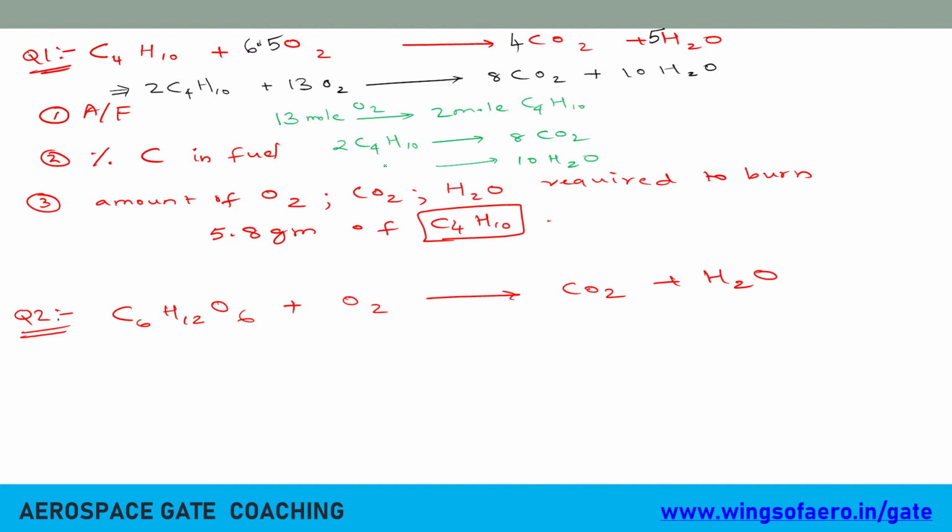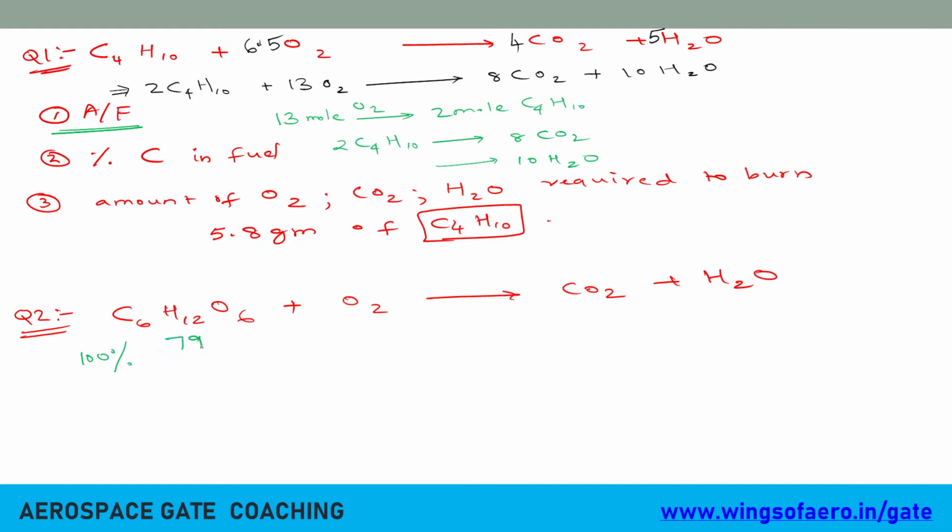Now the point is, the outcome we have is in terms of oxygen, and here they ask you in terms of air to fuel ratio. Now let's assume in the atmosphere we have 100% air.